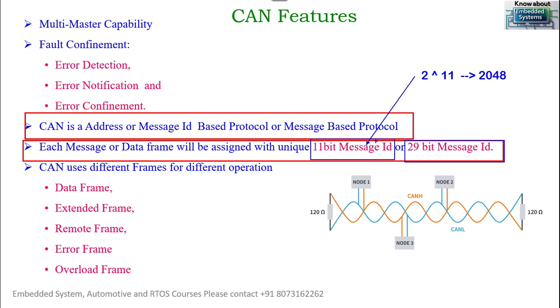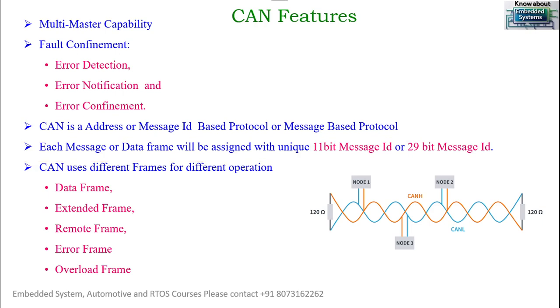So this is also one of the reasons why we use CAN in our automotive system. In an automotive system, each message has its own unique ID, and we are able to generate up to 2048 different messages in CAN for transmitting and receiving. Right? So this is one of the important things.